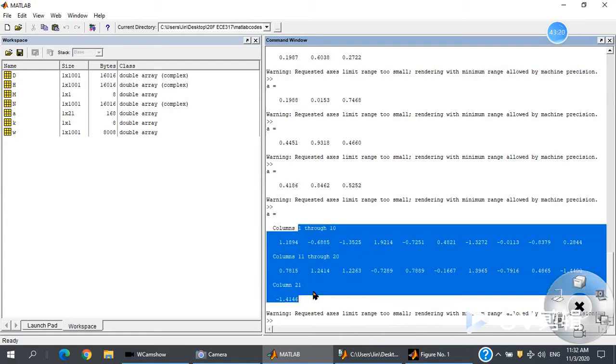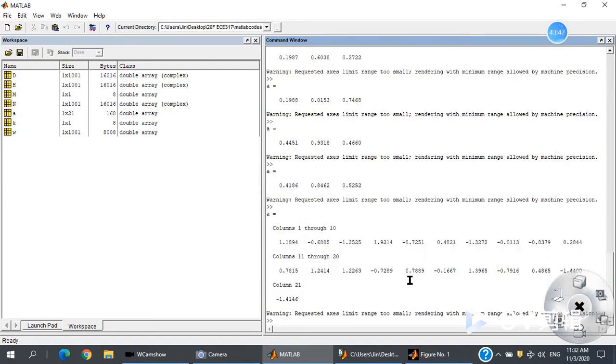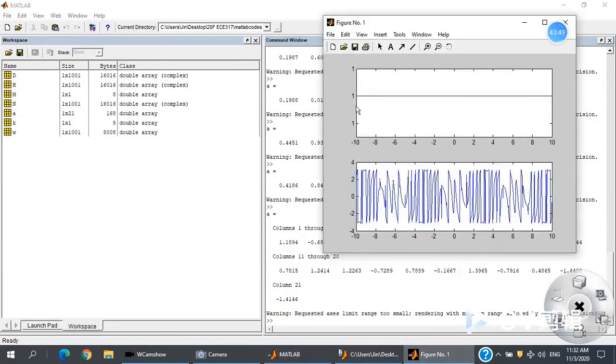I have 21 numbers for A. So the numerator is a polynomial with order 20. The constant is 1.1 something. And the denominator is another polynomial. The order is still 20, but the first constant term will be negative 1.4146. Right? Yeah, you just flip the order of the coefficients. Then you have an H whose magnitude is always constant.